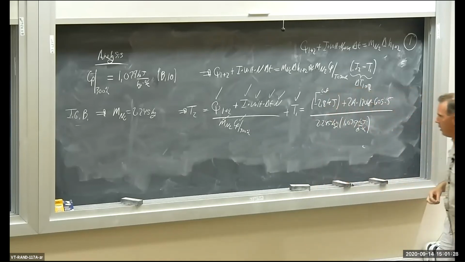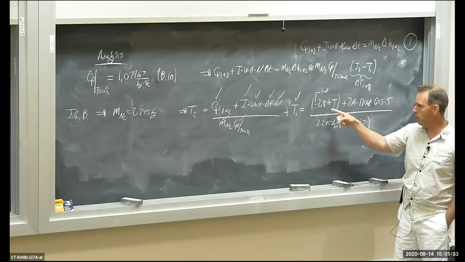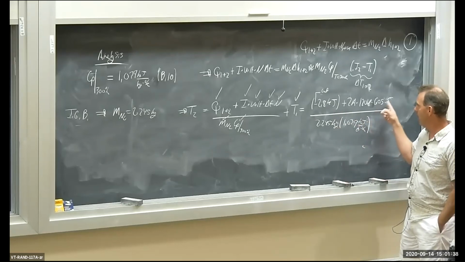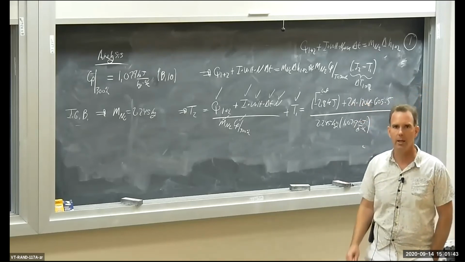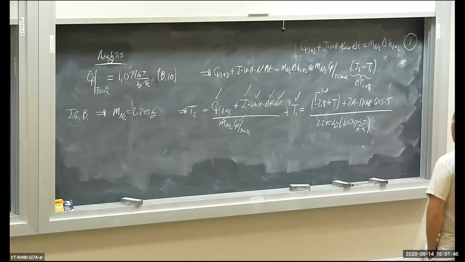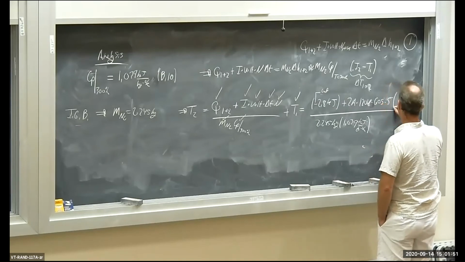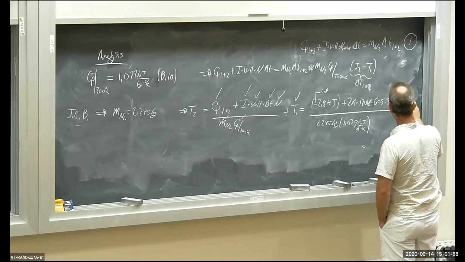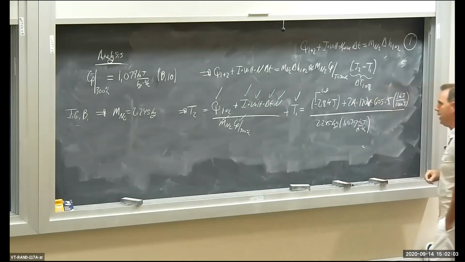Now, one little thing here. This term, the heat transfer term, has units of kilojoules. The specific heat has units of kilojoules per kilogram Kelvin. This term here, an amp times a volt, gives you a joule per second. Not a kilojoule, a joule per second. So I need to convert this term out of joules into kilojoules. So there's 1 kilojoule per 1,000 joules, and that'll cancel out with the current, the voltage, and the seconds here, okay?